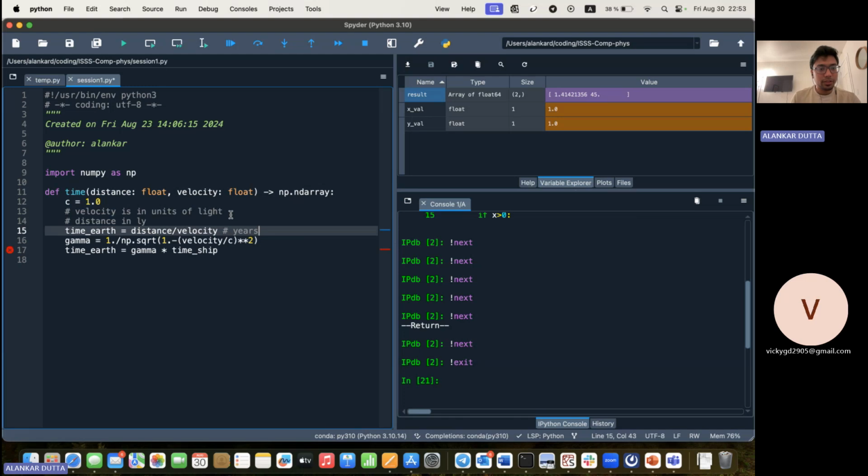So your time on Earth will be in years. So now time on ship is then time on Earth by gamma, right?